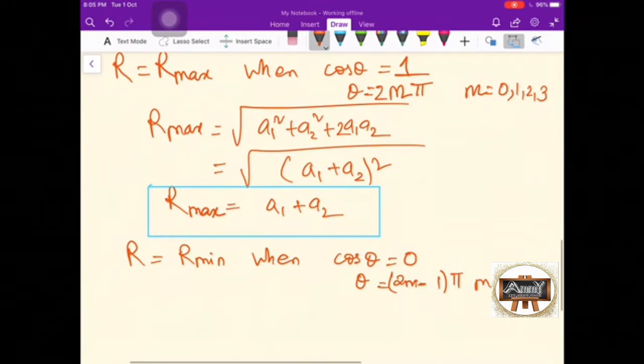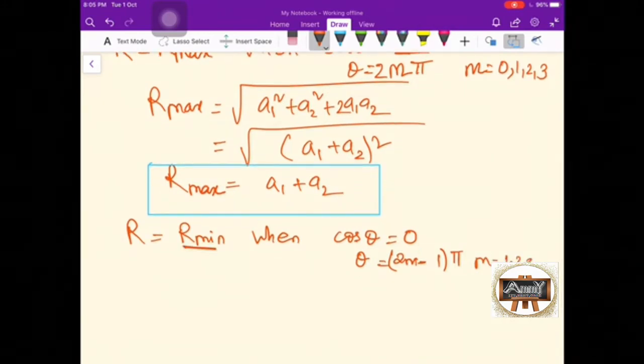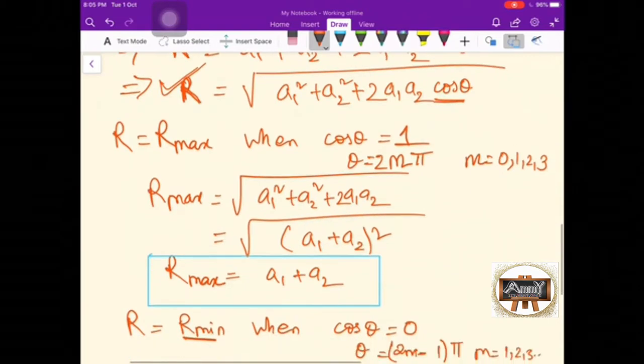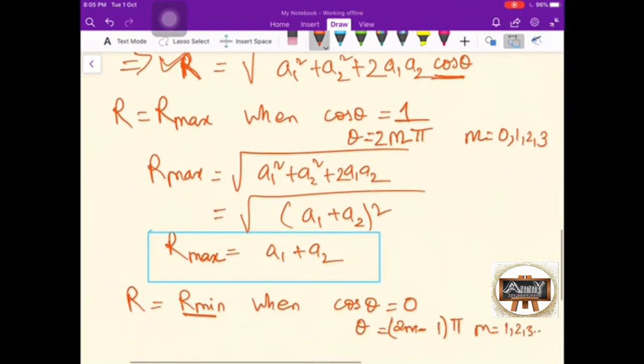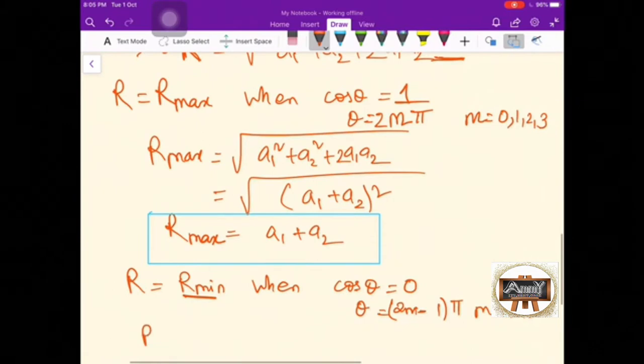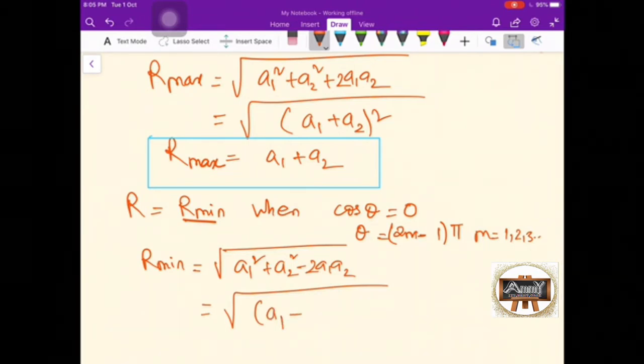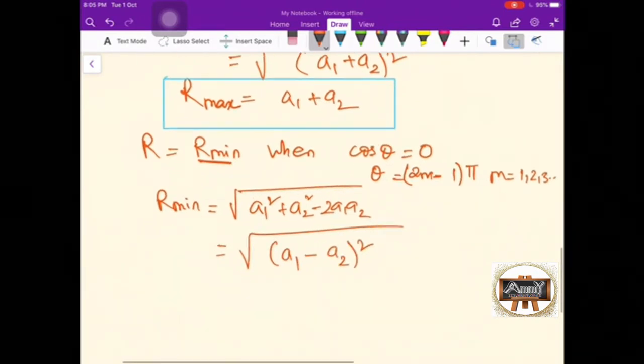Coming back to the expression for r, I can utilize it to find r minimum. We know cos theta is going to be minus 1. So r minimum is going to be root of A1 square plus A2 square minus 2 A1 A2. This is nothing but the expression of (A1 minus A2) whole square.